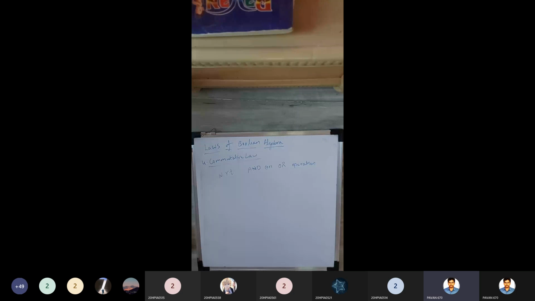Okay, this is what the commutative law is. Now we will see it with the different versions, with the AND version.